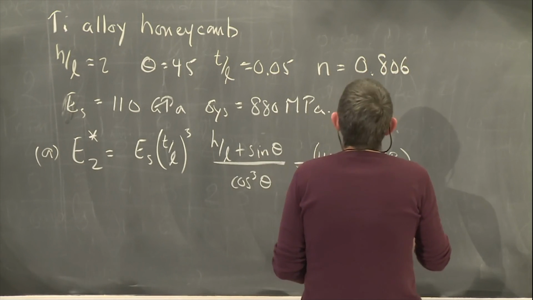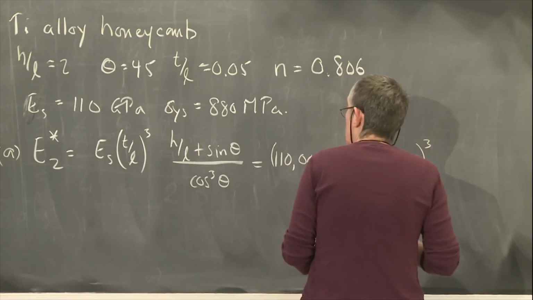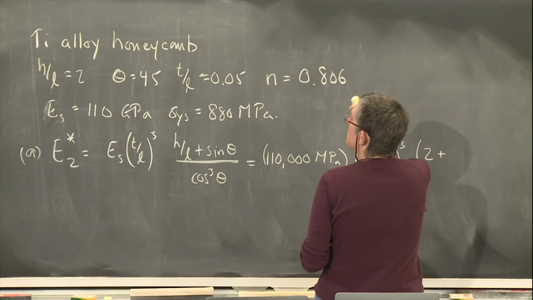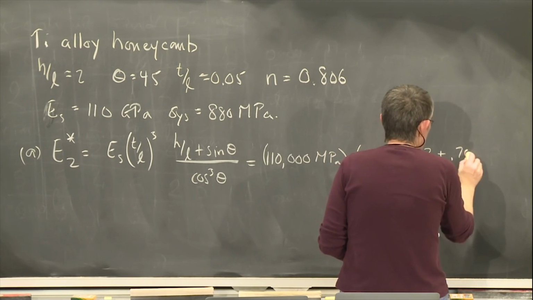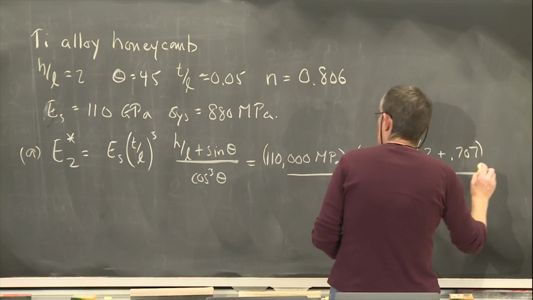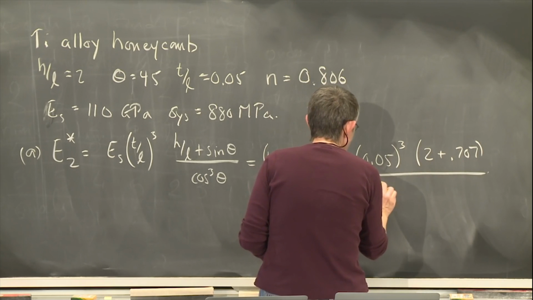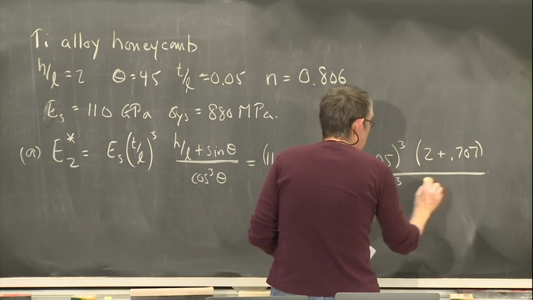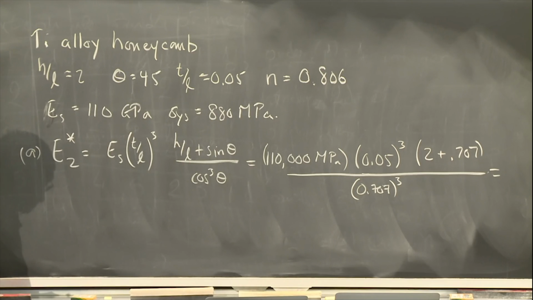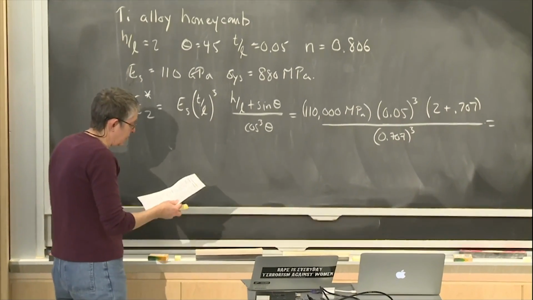Then T over L is 0.05, so that's 0.05 cubed. And then H over L is 2 plus sine of 45 is 0.707. And then we divide by cos theta cubed, 0.707 cubed, and then I'm not going to work it out, but that's okay. I assume that's what's in the solution. Are we good? So it's just substituting, that's all it is.